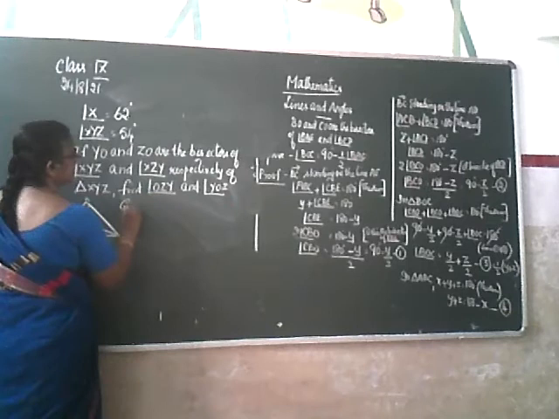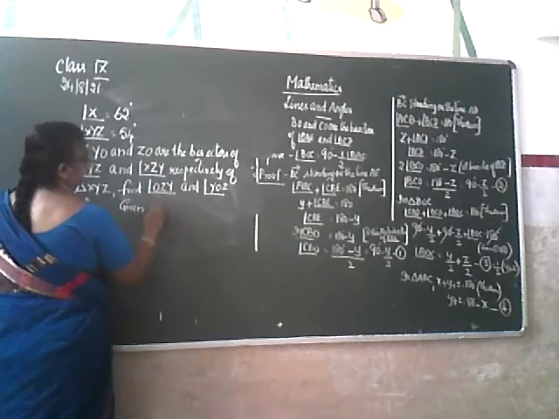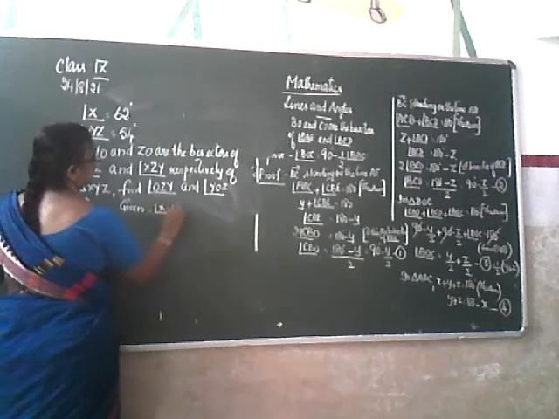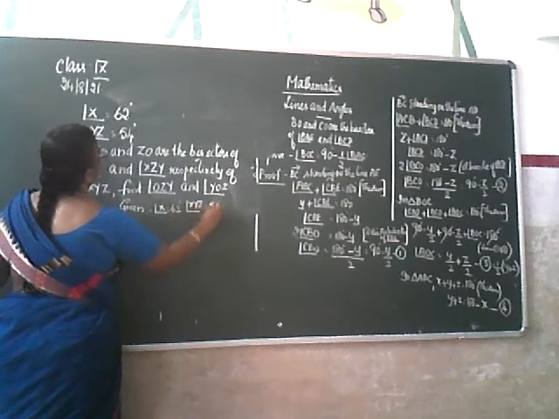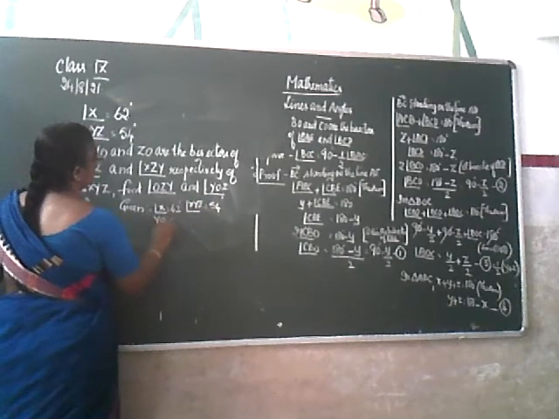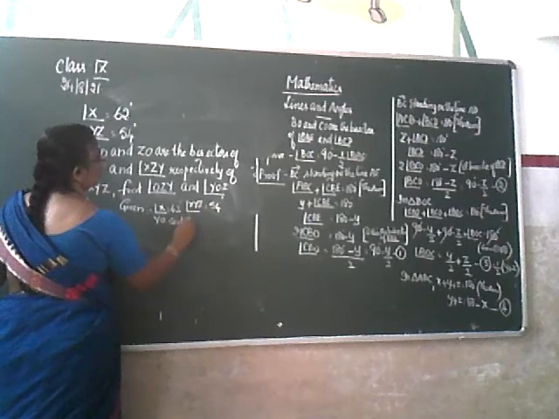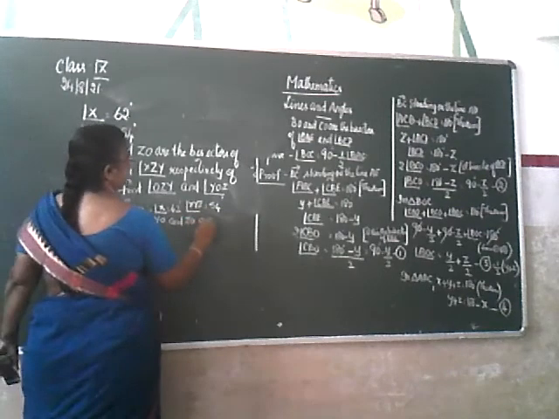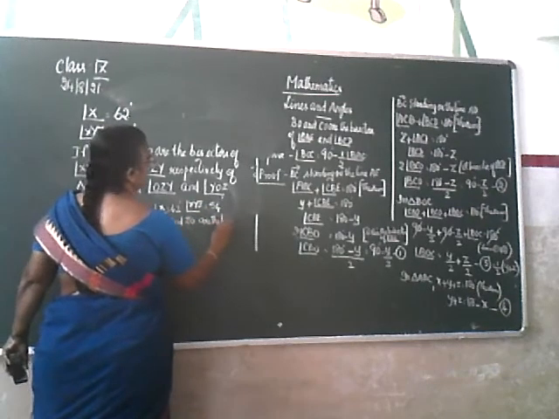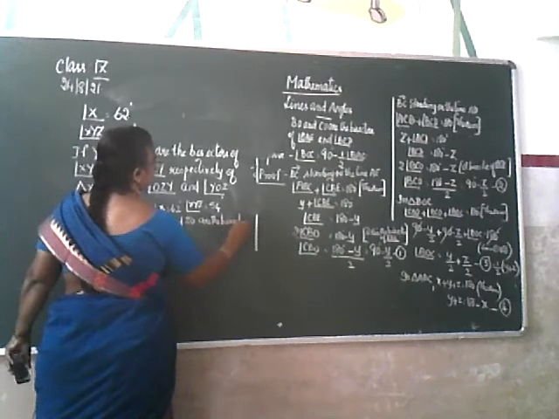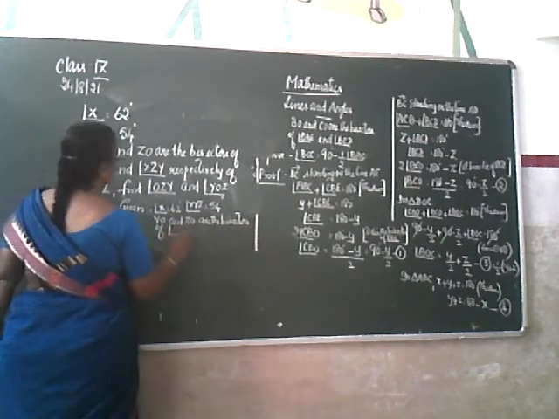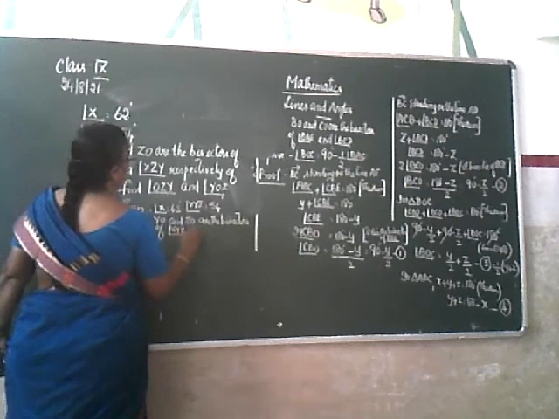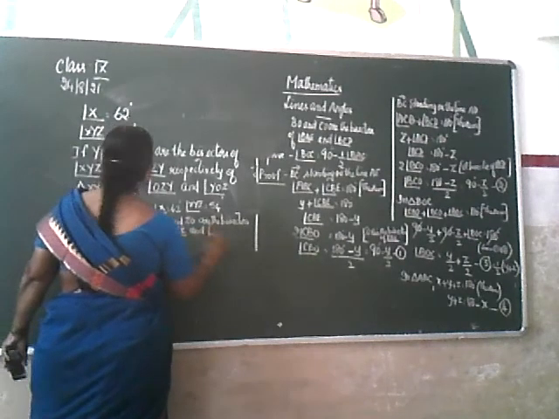So what is given? Angle X is given, angle XYZ is given, and YO and ZO are the bisectors of angle XYZ and XZY.